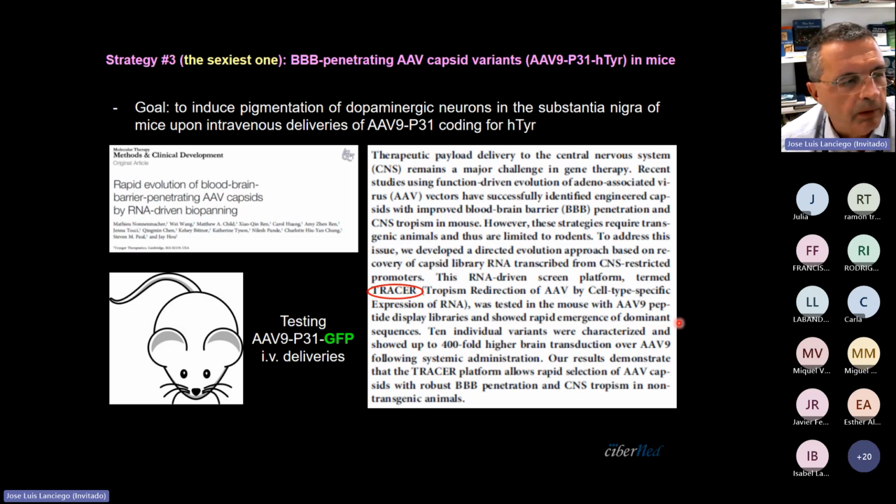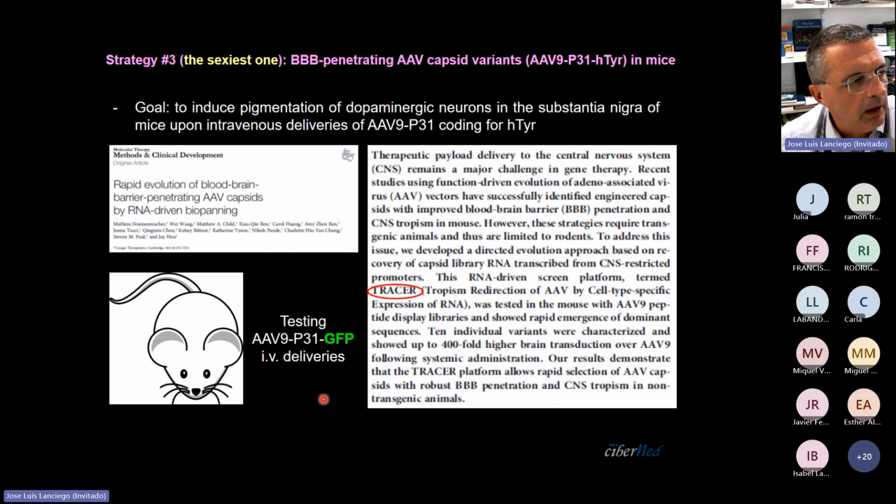From those in the paper, the AAV9 capsid variant that looks the most promising one was called PHP.31. So if you want to go through the paper, don't pay that much attention to the enormous technology behind. Just look at the images, and I can tell you the AAV9 P31 variant is doing a very nice job.